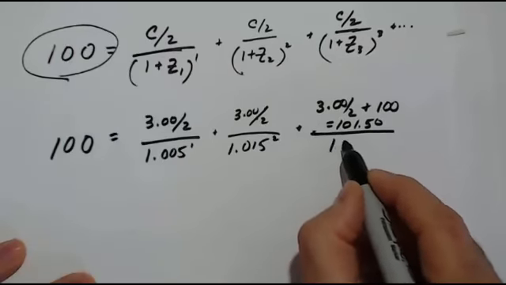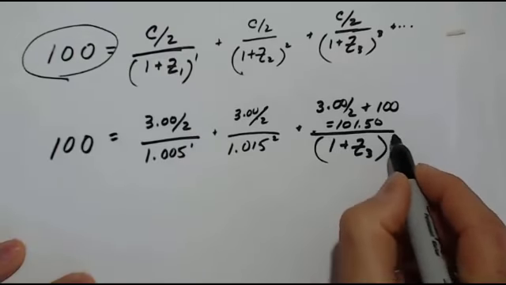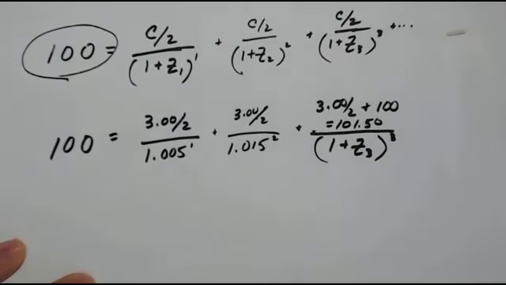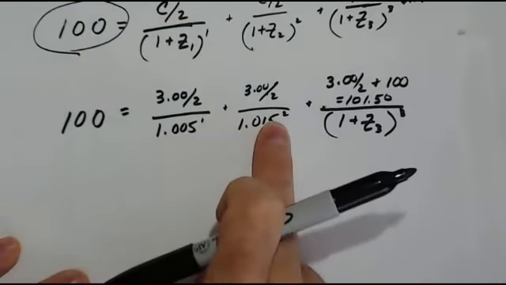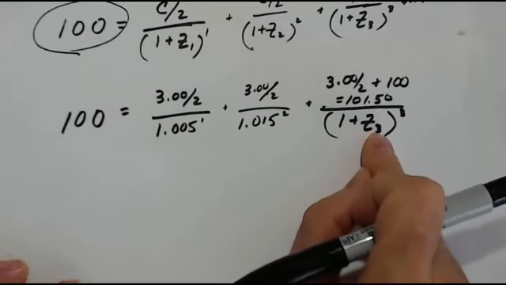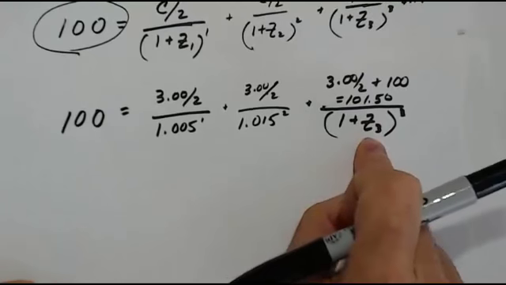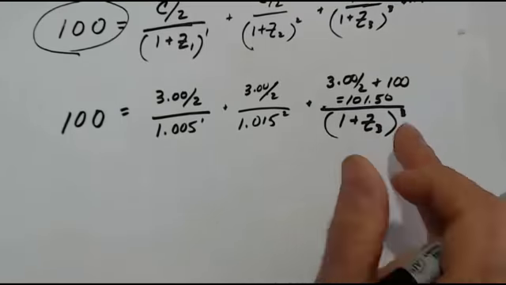I need to discount that by 1 plus Z3 to the third power. Okay? So I just took this bond and I'm discounting all the cash flows by the spots that were given, and I'm not given and I don't know what the third spot is. I'm going to calculate that third spot. And this is just an algebra exercise.